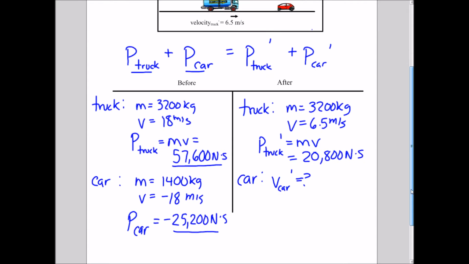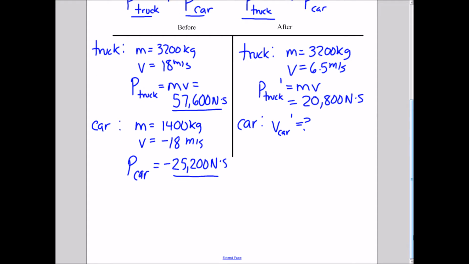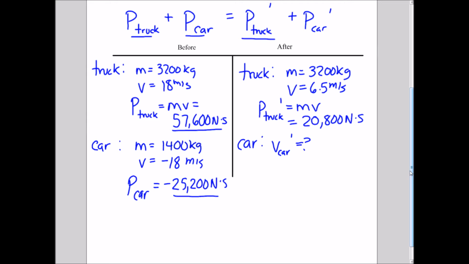But I'm going to be able to solve that when I look at this statement up here, because now I know the momentum of the truck and the momentum of the car beforehand. I know the momentum of the truck afterwards. Therefore, I'll be able to find the momentum of the car afterwards. So I'm going to rewrite that statement down here, but I'm going to now have the numbers substituted in. 57,600 Newton seconds plus negative 25,200 Newton seconds.